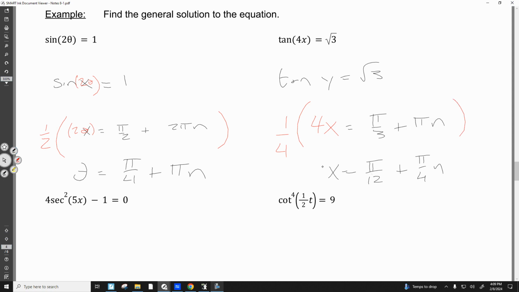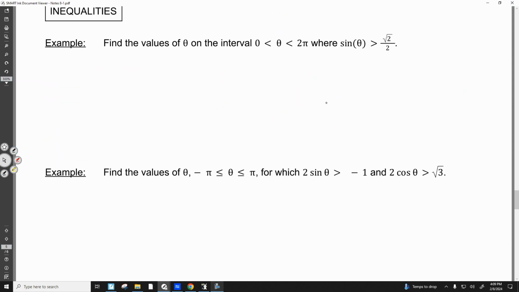Okay, bringing us to inequalities. Don't worry, there are also real world problems that you're going to have to solve. This is a big lesson. Here's the key. You find your 2 angles, pi over 4 and 3 pi over 4, where sine equals root 2 over 2. Pay attention. Think about the unit circle.